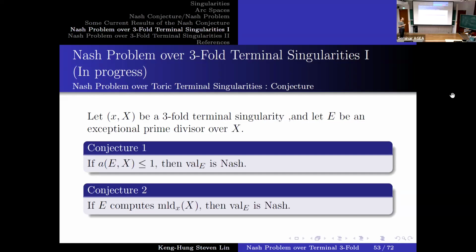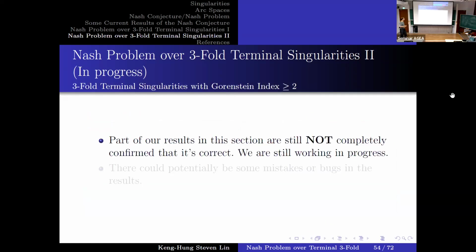Based on our current result, these two conjectures might not be true. So this is the last part of my research. Again, for part 2, the result is still not 100% confirmed to be correct. So if you find some mistakes, you are welcome to let me know.